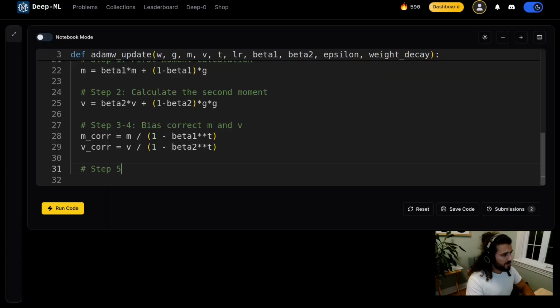So now, step 5, what do we have? We have the actual update of the parameters. Here you can do it many different ways, but I find it useful for your own understanding to literally do Adam and then do the weight decay, because then you realize it's literally just one line that you add at the end.